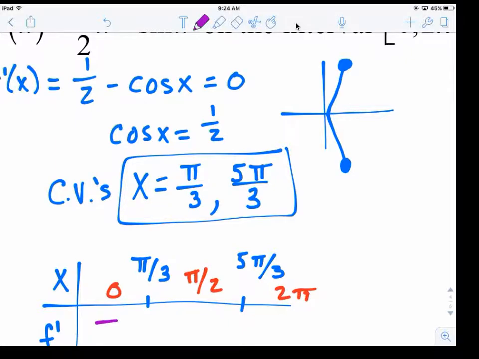1, right? So you have 1/2 minus 1, which is negative. And then if you plug in pi over 2, 1/2 minus cosine of pi over 2, cosine of pi over 2 is 0, so 1/2 minus 0 is positive. And then 2 pi is going to be the same thing as 0.